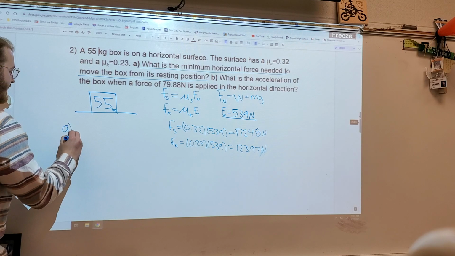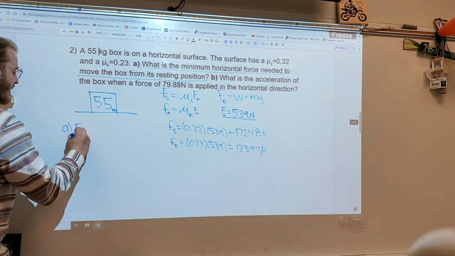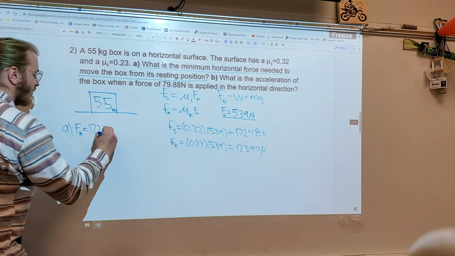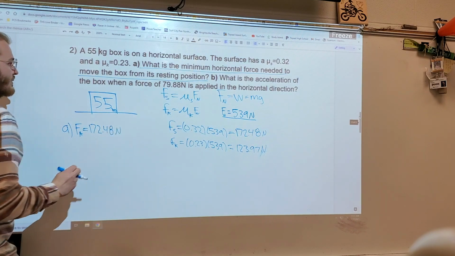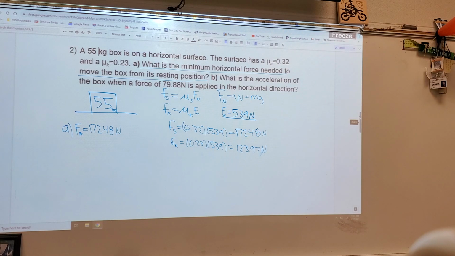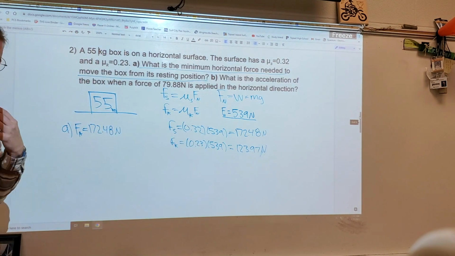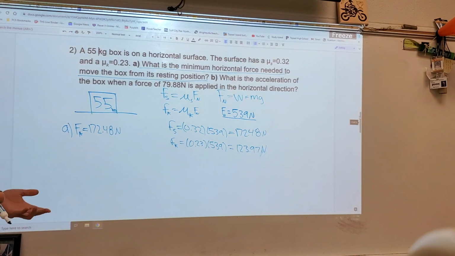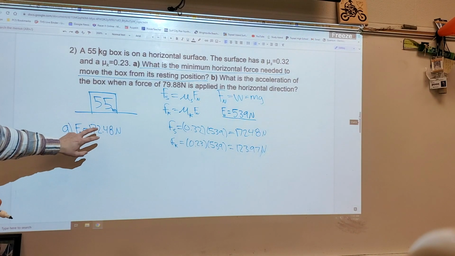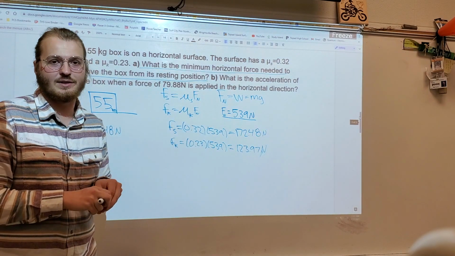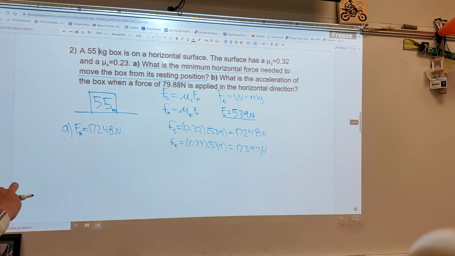So for letter A, FA needs to equal 172.48 newtons. I know it's the same, and it might sound weird, but for the purposes of this class, whatever you get for Fs is the amount that you need to push it by to overcome the static friction. Okay, great. That's the answer to letter A.